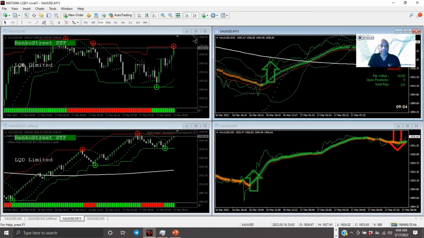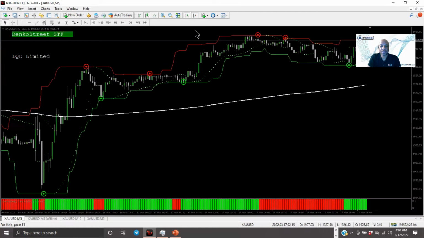But what you're looking at, let's bring this screen up. This is gold trading in 5-minute intervals. Each bar represents a 5-minute duration of time. Full screen it. There you go. And this is what gold has done between March 16th all the way over to March 17th at this current time. And you can see that gold was at an all-time low at 1894.05.